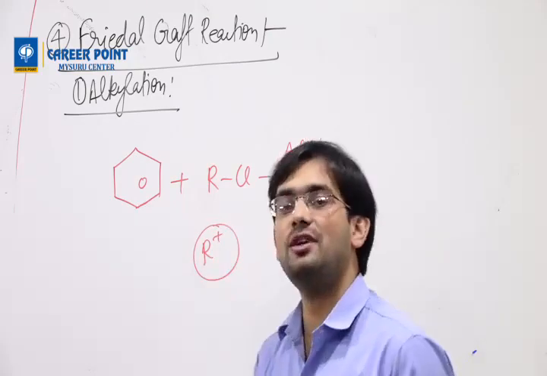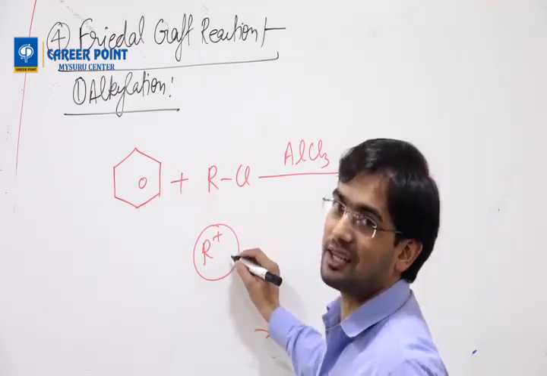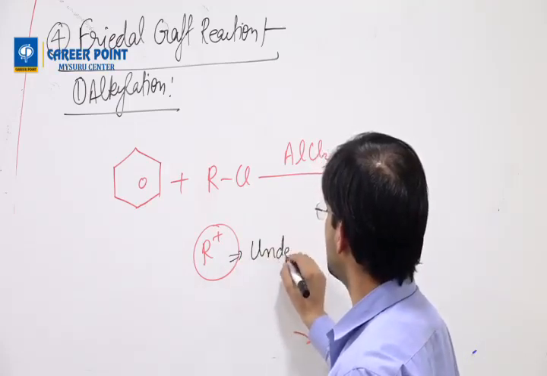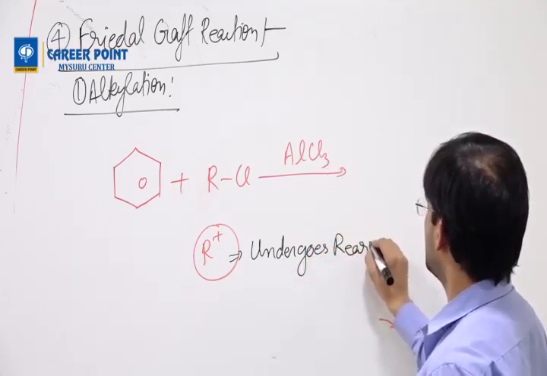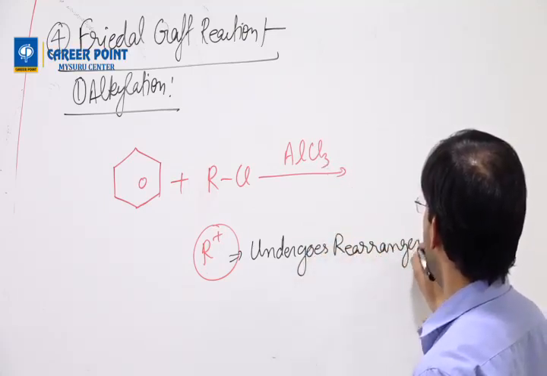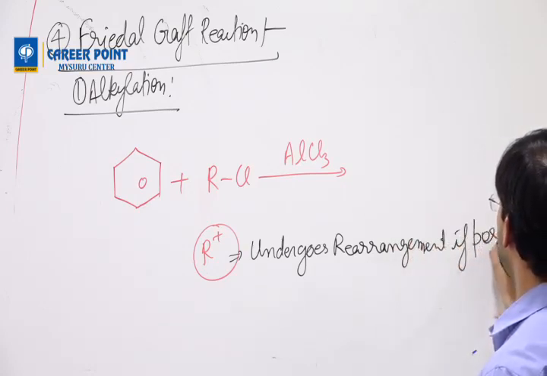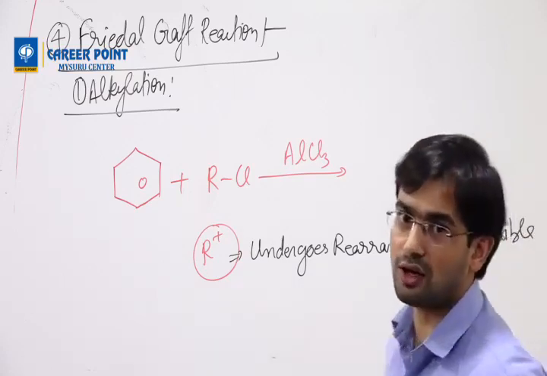Now R is made up of carbon. If the R is made up of carbon, it's a carbocation, so it undergoes rearrangement if possible. You have to make a stable carbocation.